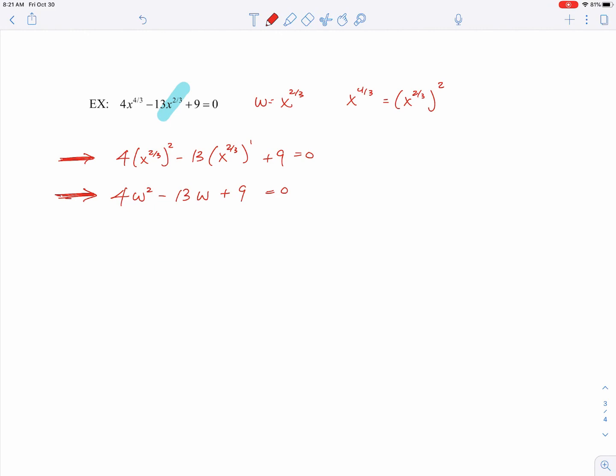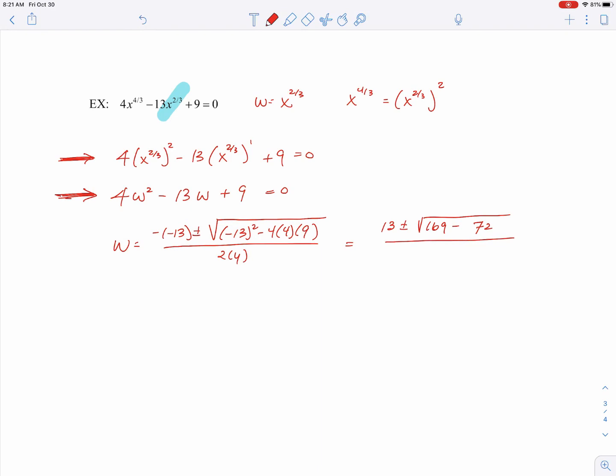Let's see. 4 and 1, no, 2, no. Well, let's use the quadratic formula. w is negative 13 plus or minus the square root of negative 13 squared minus 4 times 4 times 9, all over 2 times 4, which is 13 plus or minus the square root of 169 minus 72, all over 8.